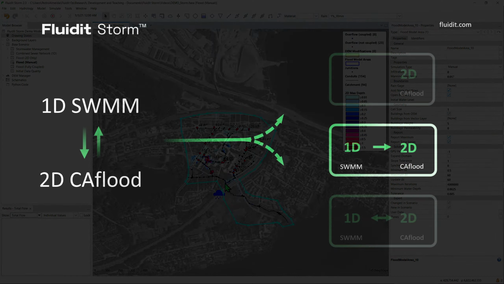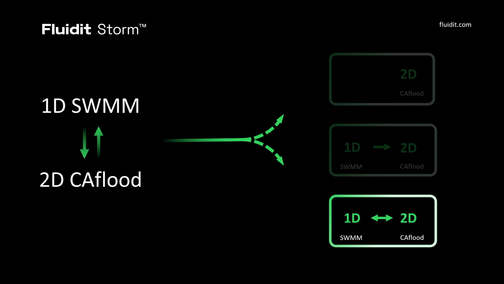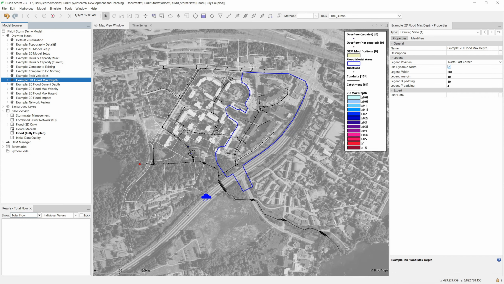Now let's have a look at the third approach, when both engines work simultaneously. For that, let's assume that only part of the earlier scenario will be running a coupled simulation, and the rest will remain a 1D only model.